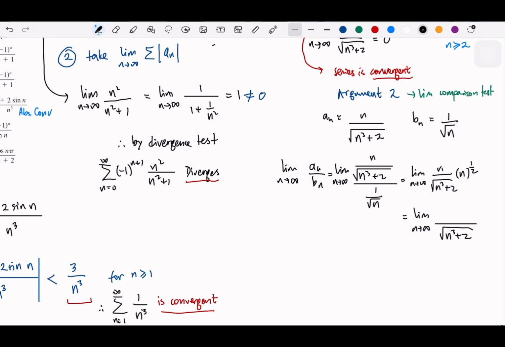So you see that this will be 3 over 2, which means that this is the same as this.